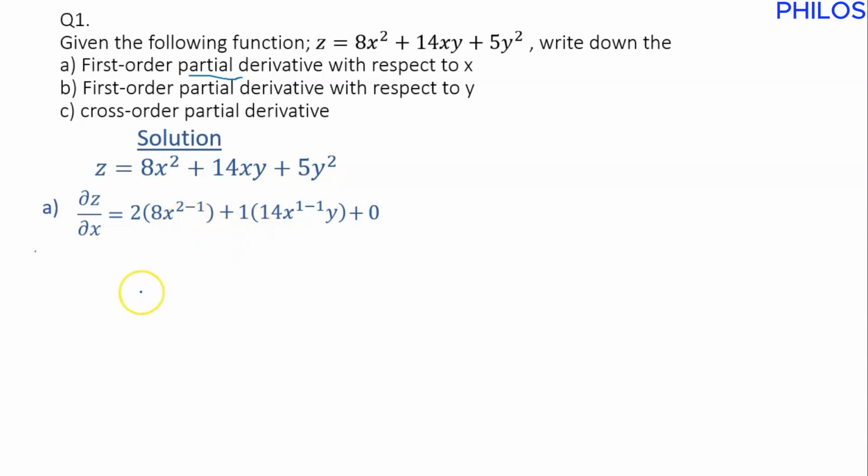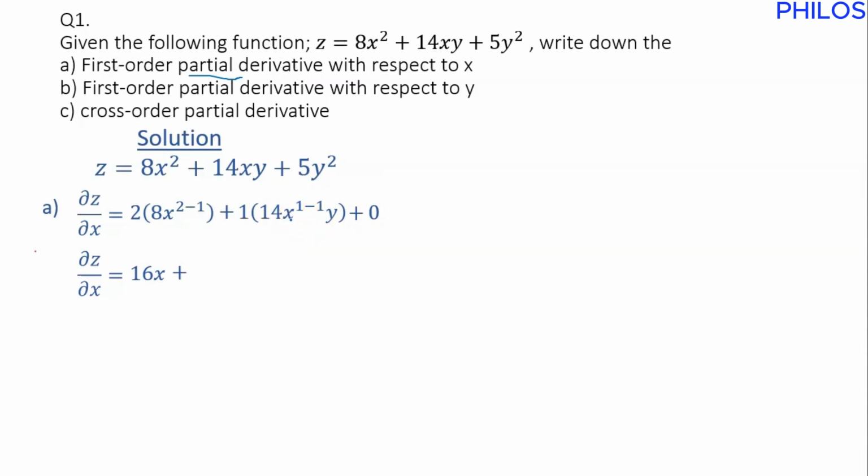So let's simplify this. Partial z partial x should give us 2 minus 1 is 1, isn't it? And then 2 times 8 is 16. So that will give you 16x exponent 1, which is 16x. Plus, now 1 minus 1 is 0, isn't it? And x exponent 0 should give you 1.